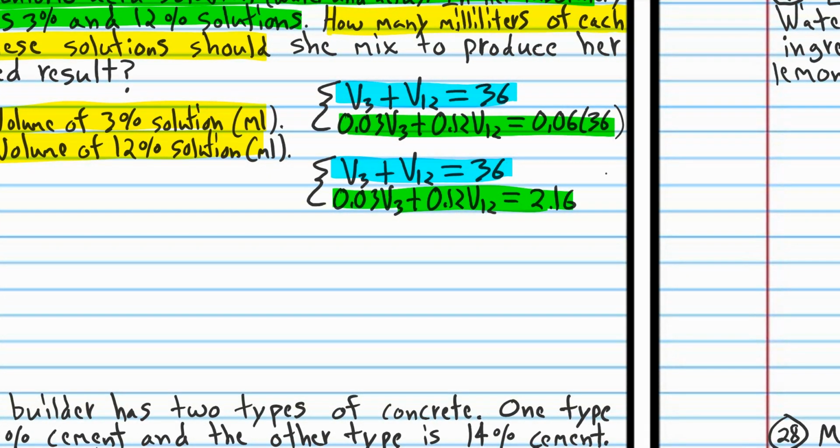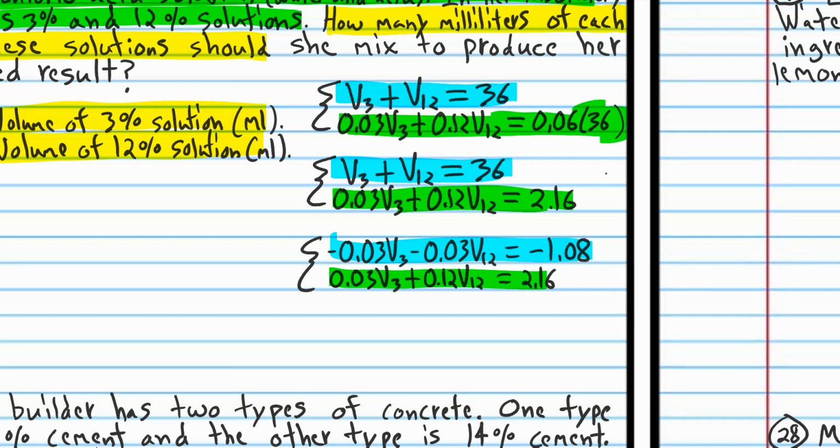Let's see here, I'm going to eliminate V3. So I'm going to multiply the top equation by negative 0.03. And 0.03 times 36 would be negative 1.08. And of course we can just rewrite the green equation.